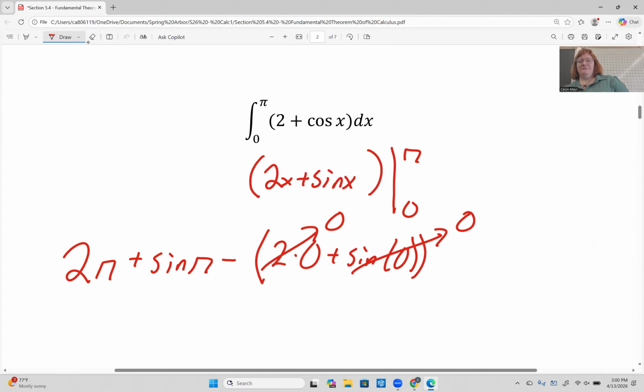Sine of pi. Get a nice 2 pi from that one.